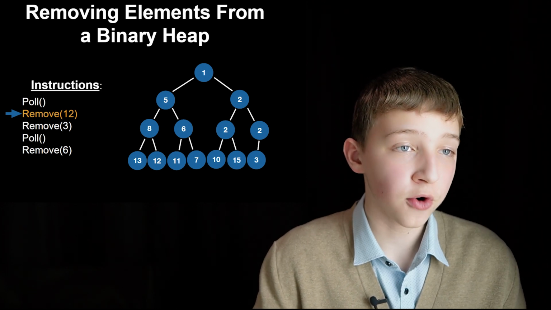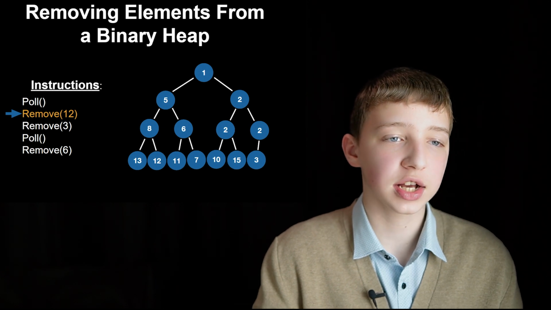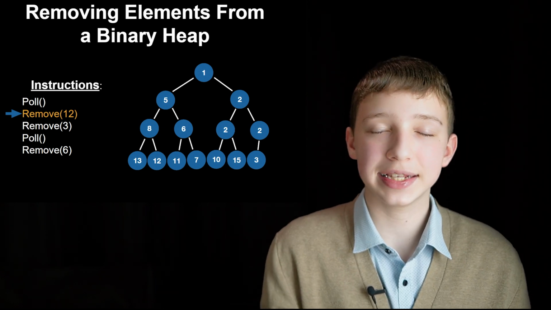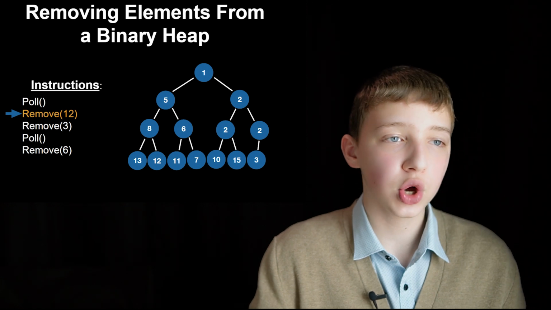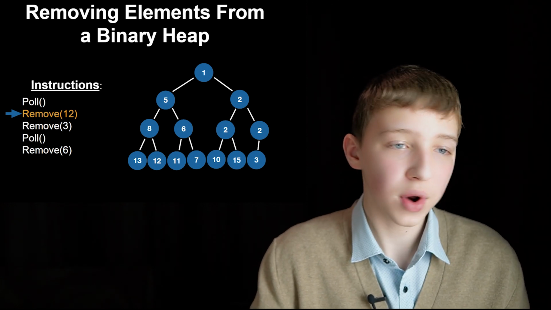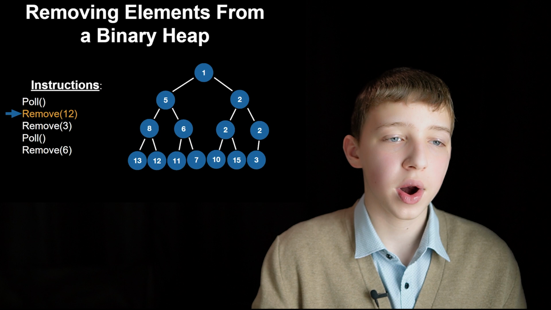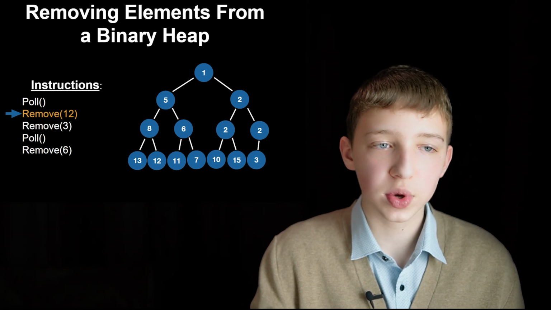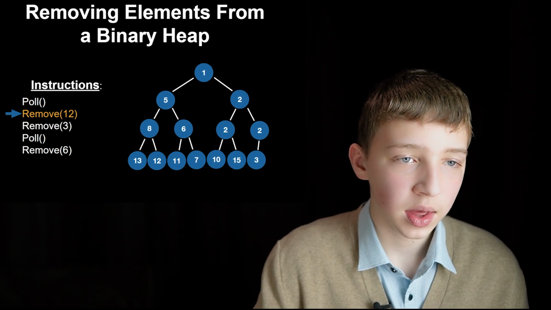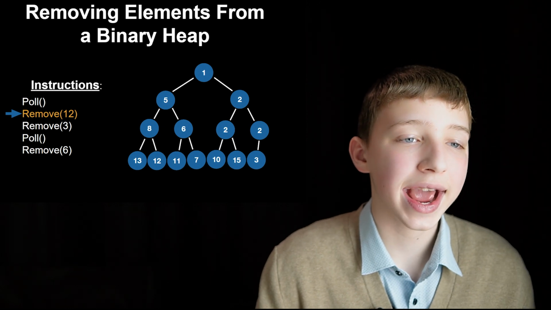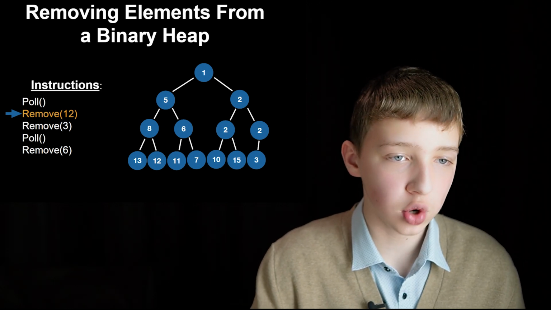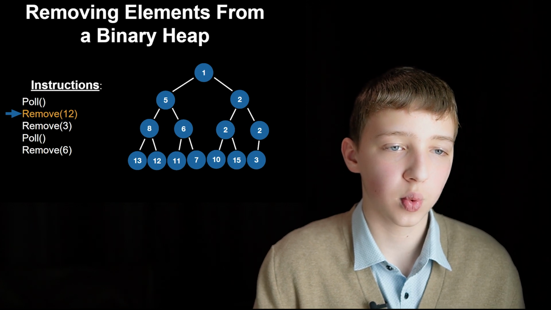But first we need to find 12, because we don't know where it is in the heap. We don't know its index, or rather the computer doesn't know where it is. So first we find 12, and we need to do a linear scan across all the nodes until we find 12.